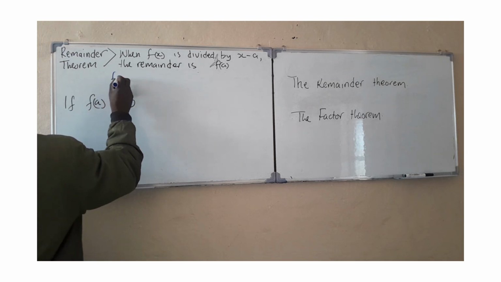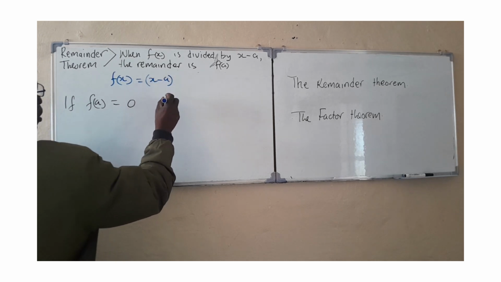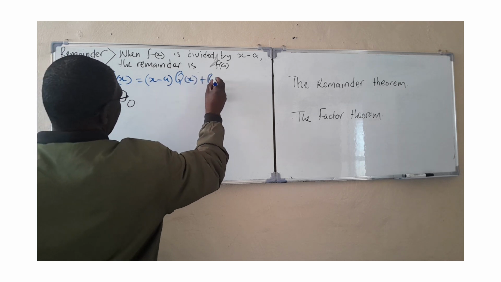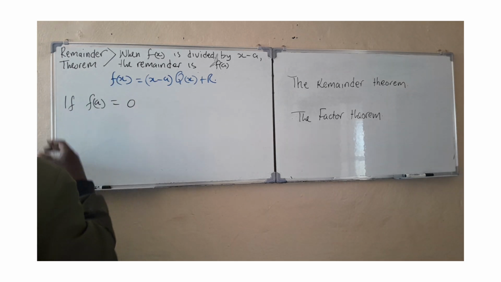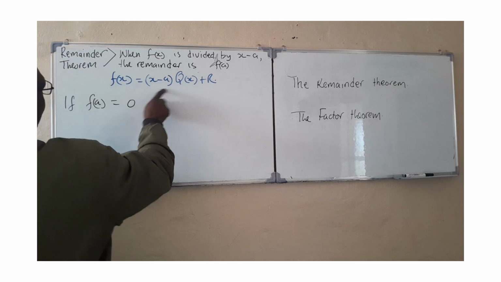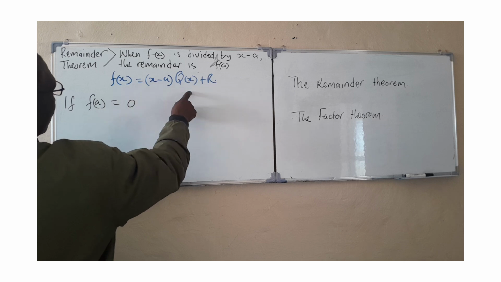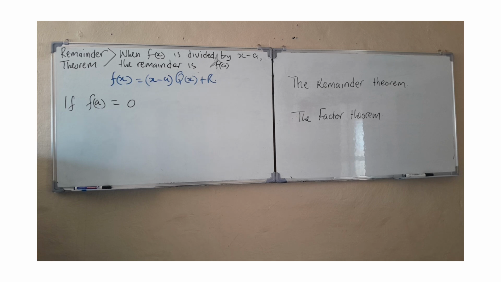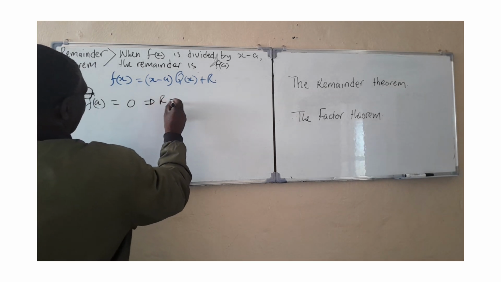Remember here we have f of x is equal to x minus a multiplying some q of x plus r, right? Now, if we put f of a and we find that it is equal to 0, that means that this obviously vanishes because that will be a minus a, which is 0. So that will be f of a is equal to 0, meaning r is equal to 0.